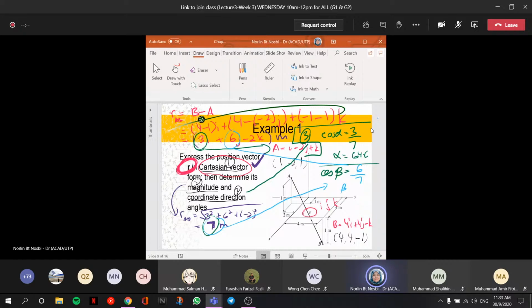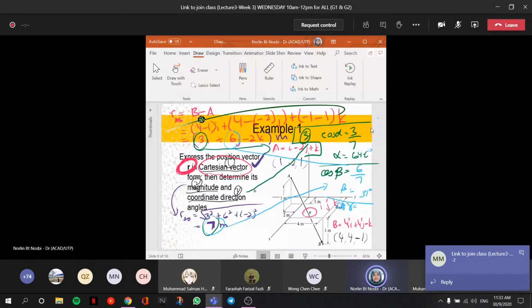And then next, you need to find gamma. I don't have much space here. So cos gamma equals what? It must be the k component. What is the value for k?